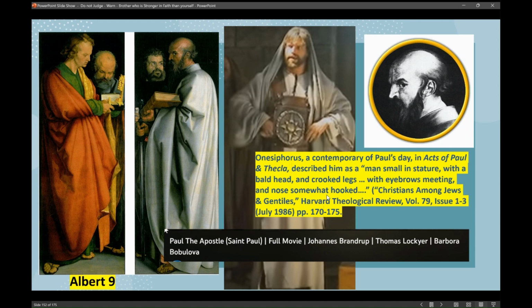So we are still being propagandized all the time to see Paul in a completely unrealistic light, just as Durer intended in his painting many years ago, 1526. All right, I hope that makes a statement here. And the only true depiction of Paul, see that little circle there with Paul in the middle? That is the only part of the painting that is true. The rest of it is false, meaning he isn't that tall.